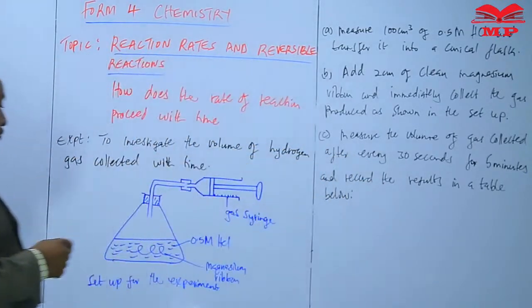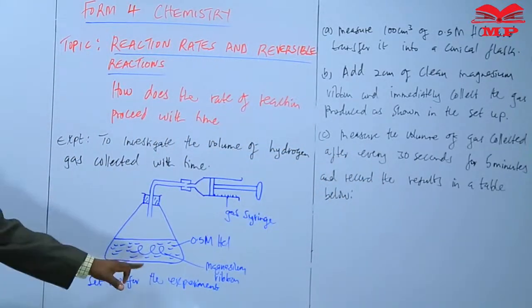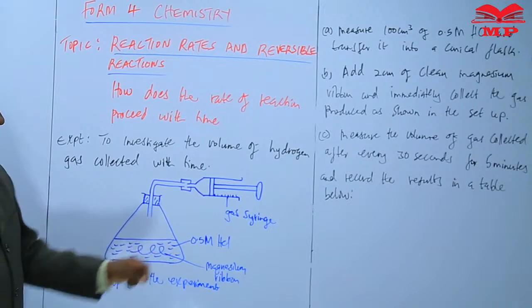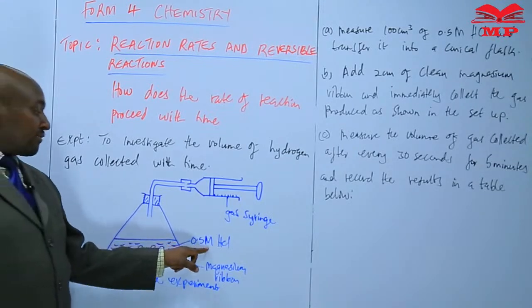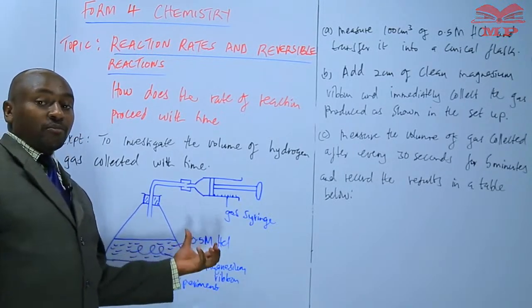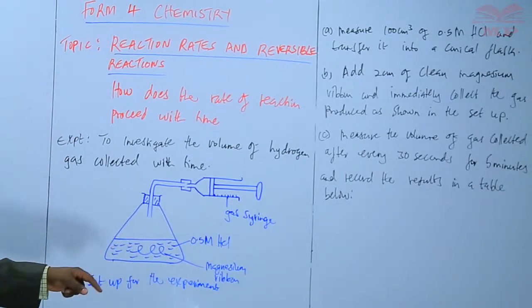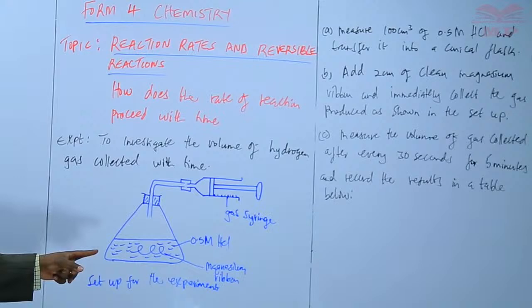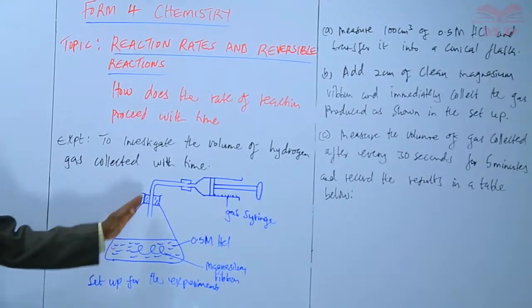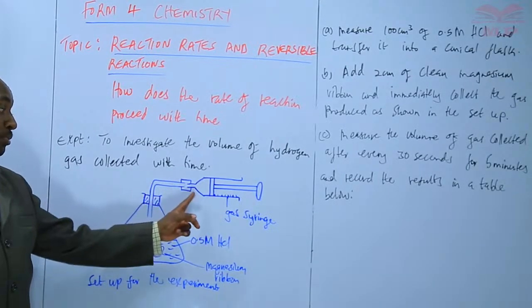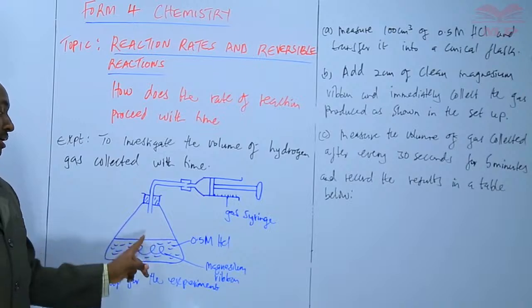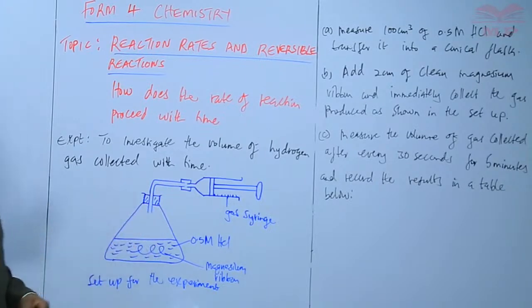So in that experiment, we are putting a magnesium ribbon into 100 cubic centimeters of 0.5 molar acid. 0.5 molar is the concentration of the acid. We connect the gas syringe to measure the volume of gas being produced from the flask.